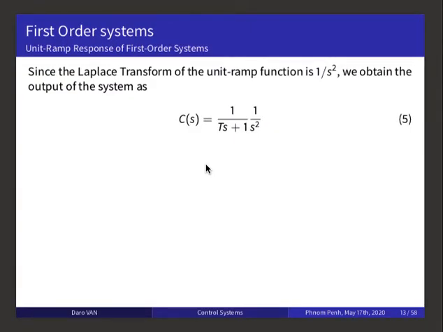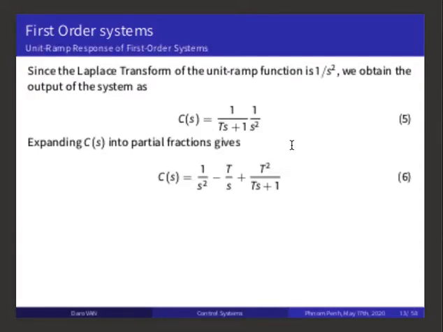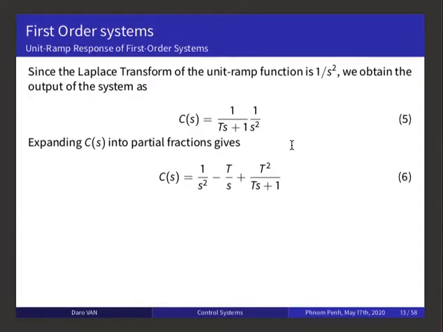Next, we'll consider the unit ramp response of the first order system. Since the Laplace transform of the unit ramp function is 1 over s squared, we substitute this into the transfer function and obtain the output of the system given by these equations. Again, we do partial fractions.